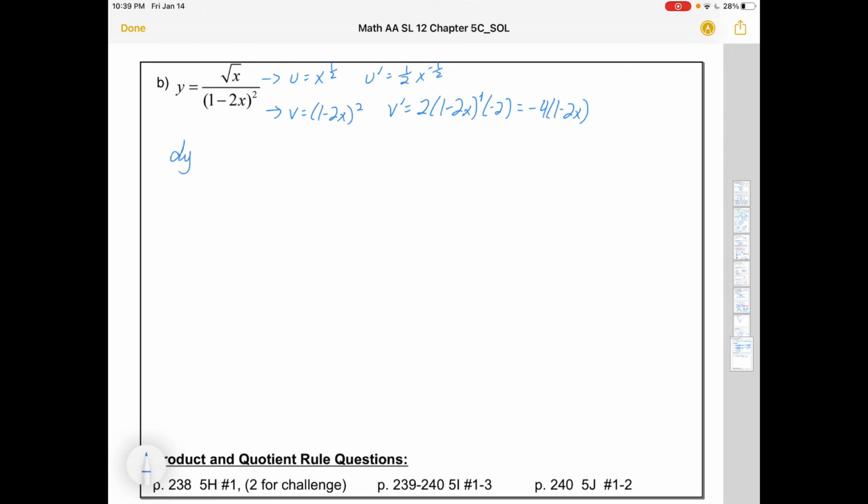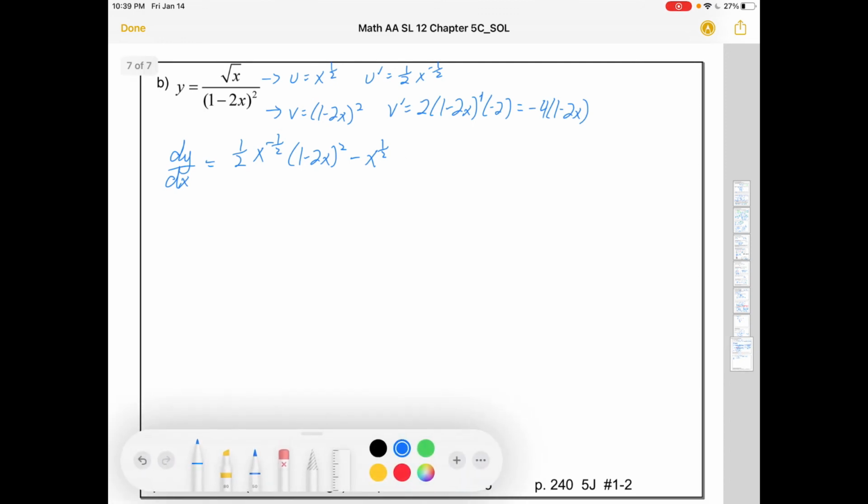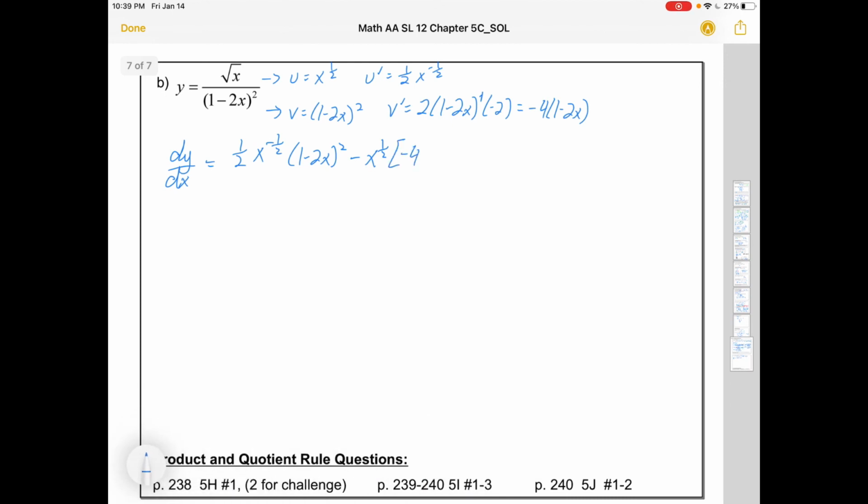So if we find dy/dx, well, that's u prime v, so that's (1 - 2x) all squared, minus u times v prime, which would be, I don't write v prime, I write negative 4 by (1 - 2x).